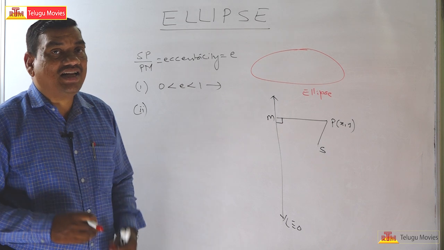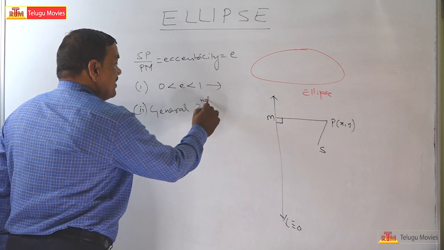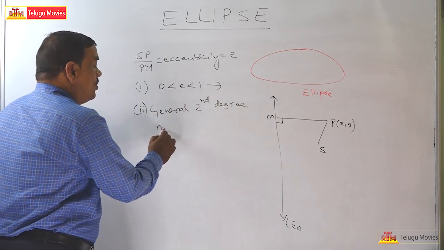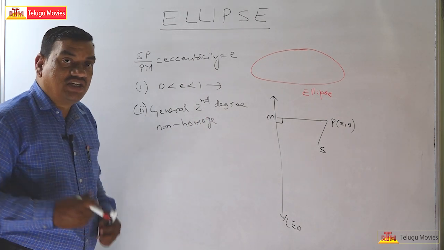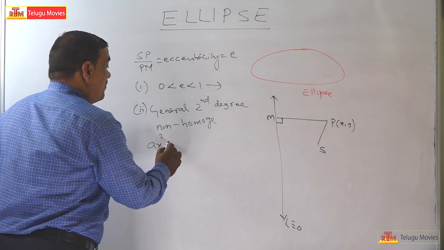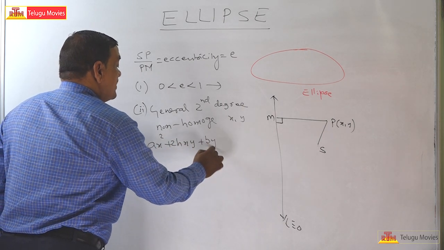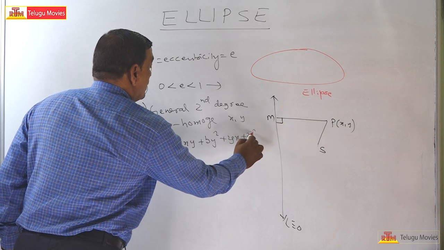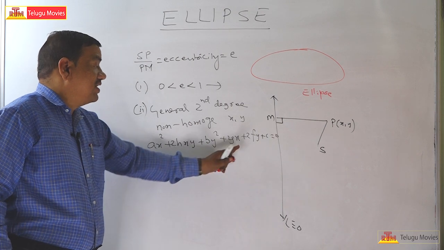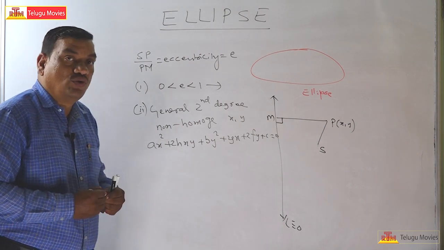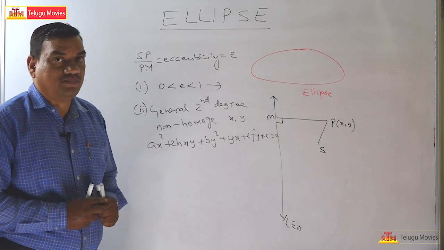What is it? It is a second degree equation in the variables x and y: ax² + 2hxy + by² + 2gx + 2fy + c = 0. This is the non-homogeneous second degree general equation.